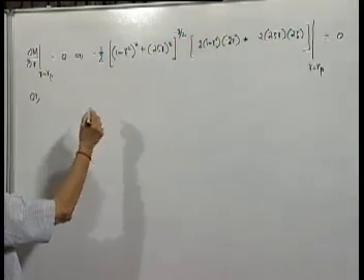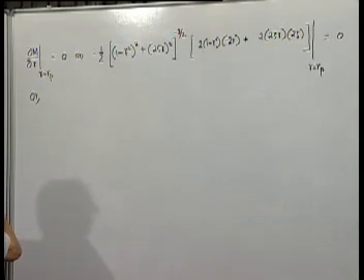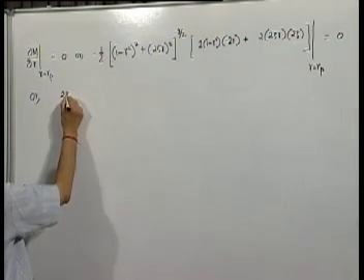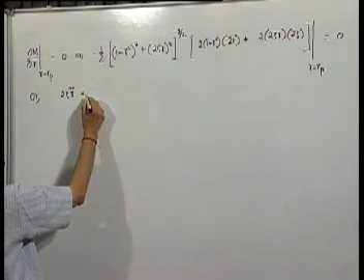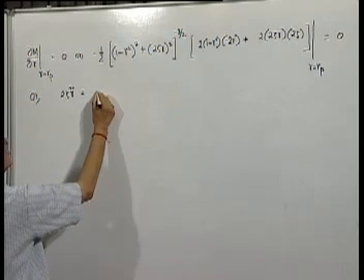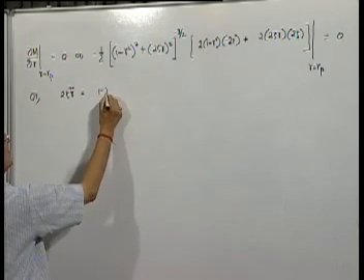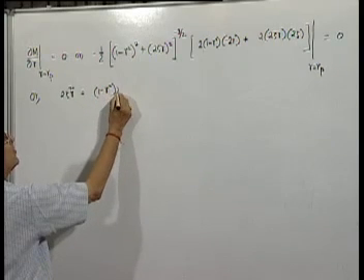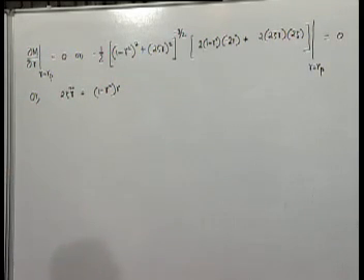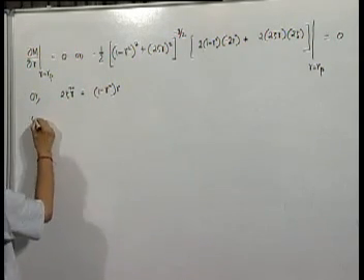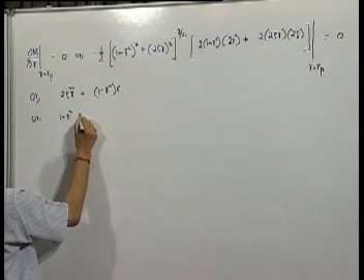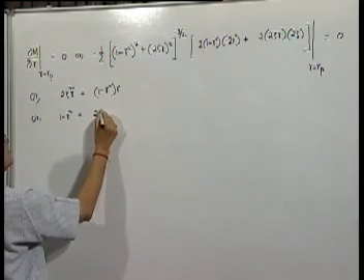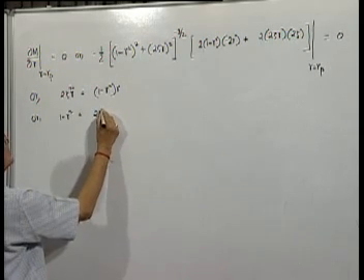The numerator equal to 0 means 1 minus r square is equal to... square.